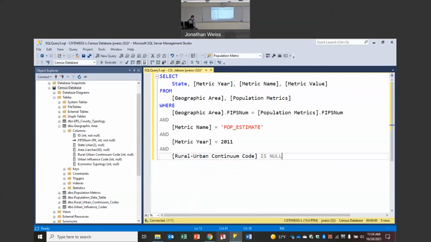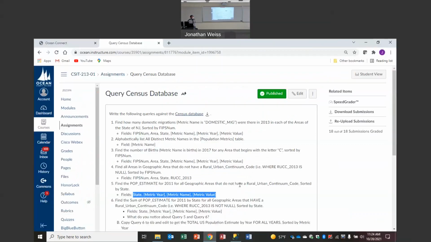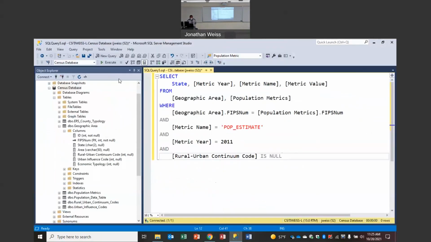Now, some of you got confused by the language. It says that they do not have a rural urban continuum code, and when they saw the not, they thought that meant not null. Double negative here. I got points taken off when I did have it as null. Okay, I'll double check. If I graded it wrong, I'll update it. Send me an email, Zach, and I'll check that for you. That might have been my mistake. All right.